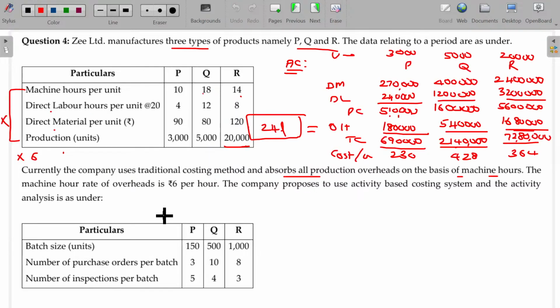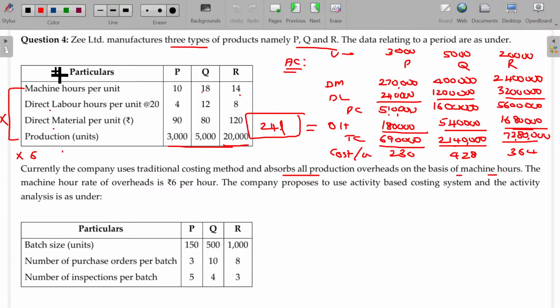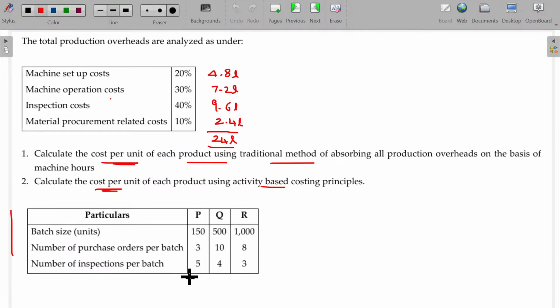Now the number of units is 3000, 5000 and 20,000, just for understanding. Now machine setup cost. Find out the number of setups.